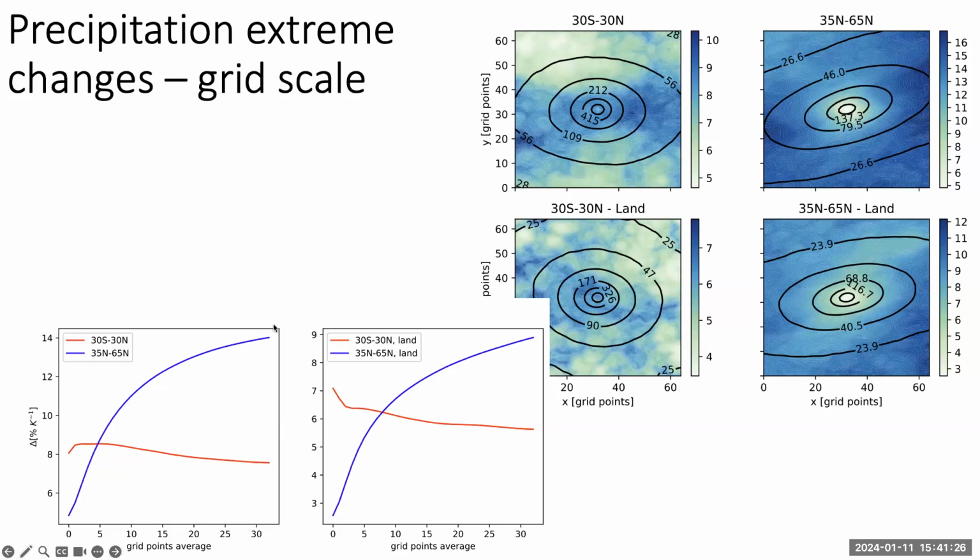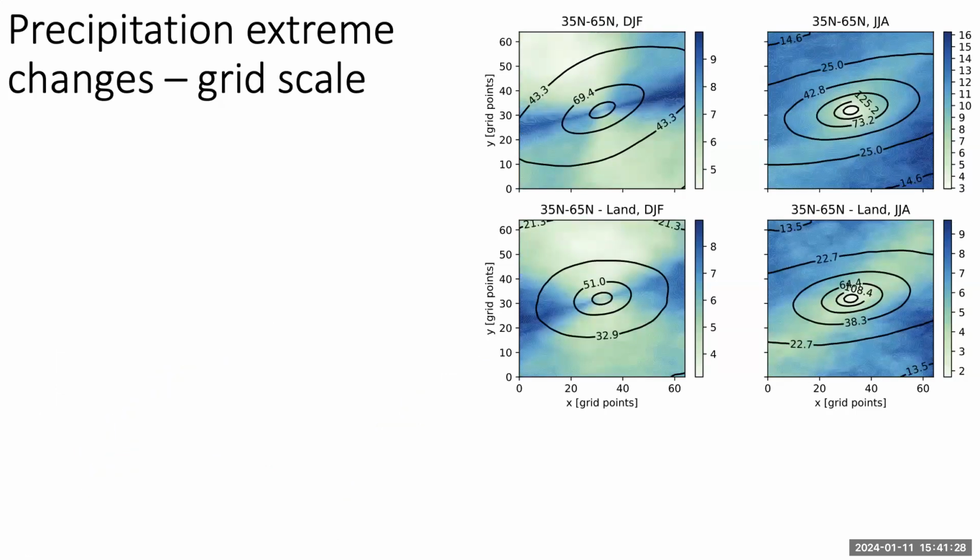Now, another interesting thing is if I'm looking at a different season, it has a very different response, which again makes sense if we go back to what type of precipitation extremes I'm talking about here, only the mid-latitude extremes.